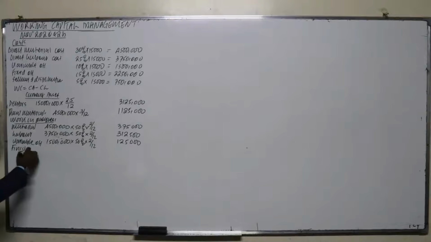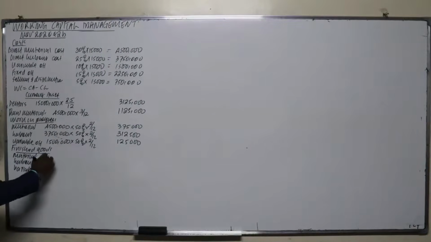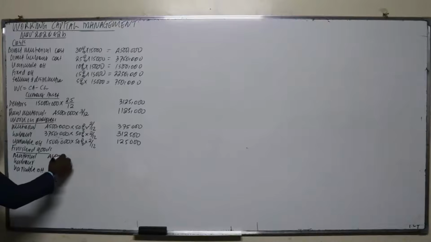So finished goods. And you are told in note number 3 that work in progress and finished goods are valued on material, labor, and variable expenses. So we have material, labor, and variable overhead. Material cost was 4.5.